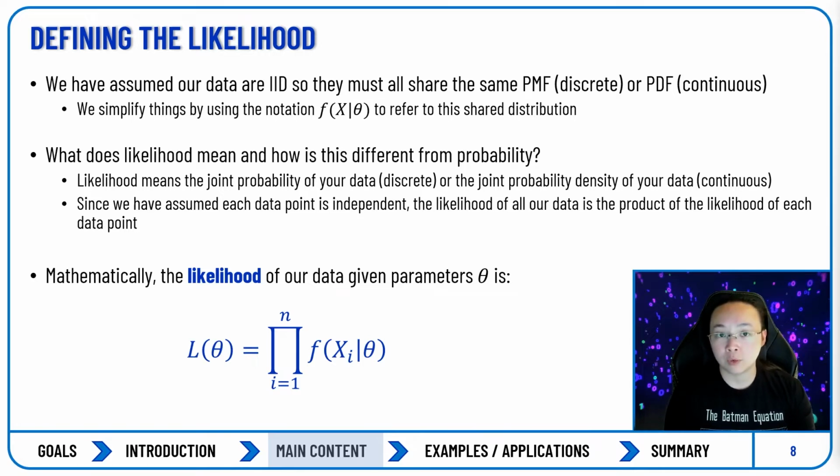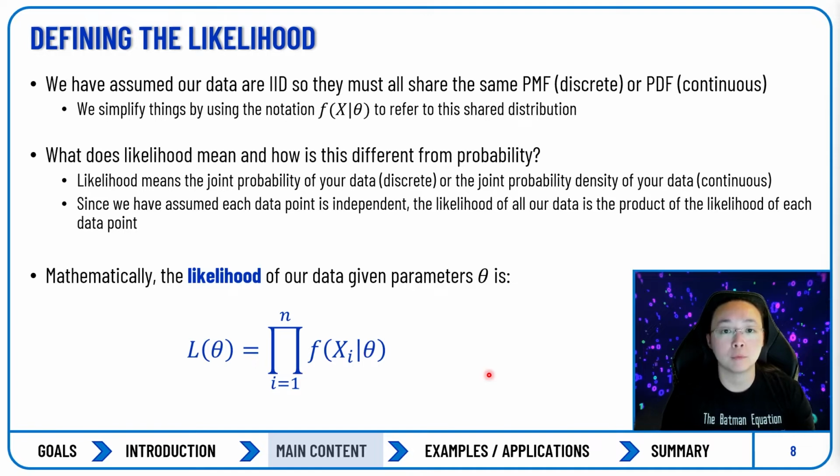So mathematically, the likelihood of our data, given the parameters theta, is defined as this: the likelihood of our parameters is equal to the total product of all of our probabilities.